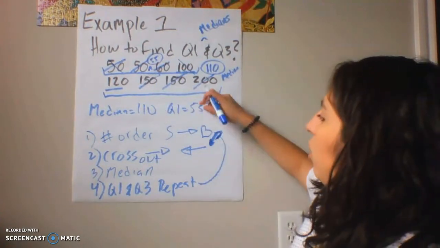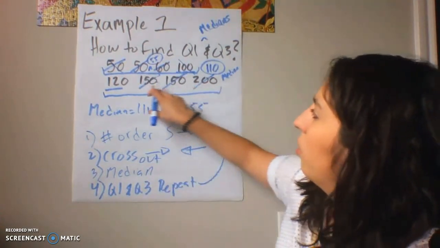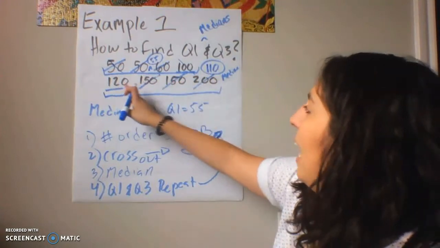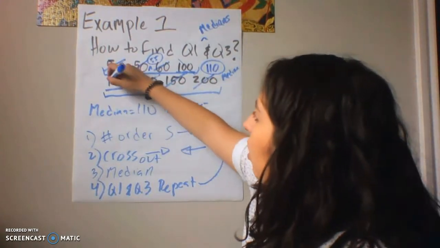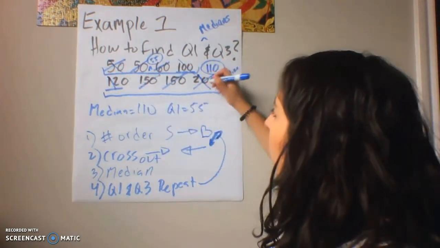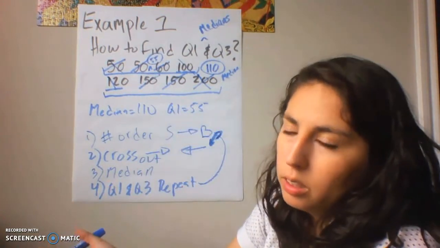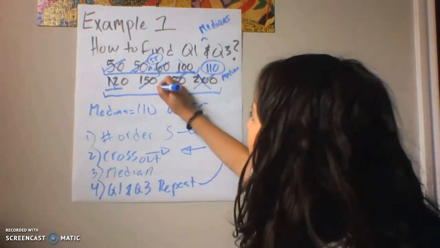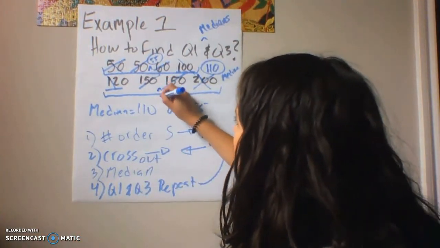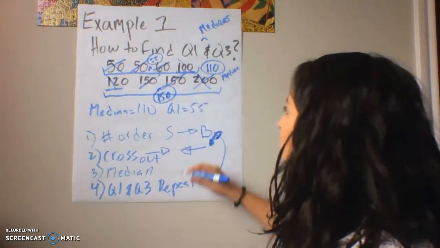All right, so for Q3, same thing. I go to my upper half, everything after the median, and I cross out 1 at the beginning, 1 at the end. I'm left with just the 150s. It's the same number, so there's no in between. So then my Q3 is just going to be the 150.